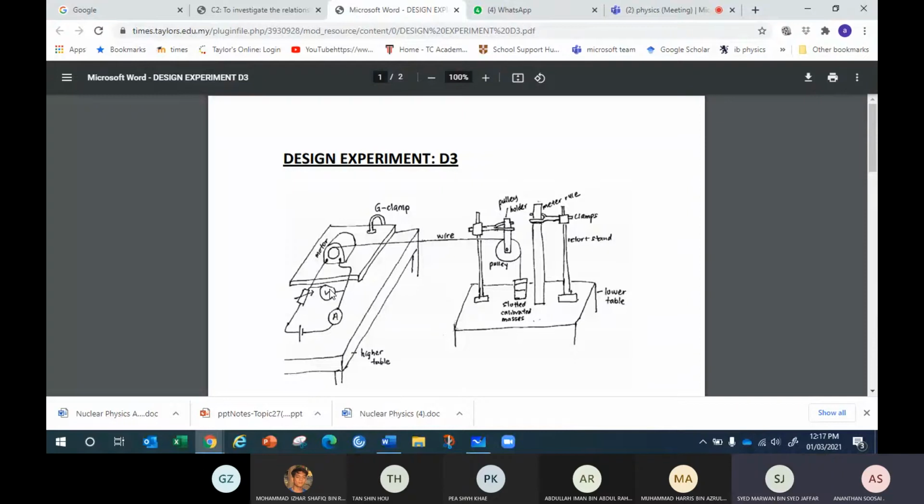Because if we change the rheostat but it's still hot, yeah. But make sure the I and V are always the same. Yeah, correct. But I never come across any mark scheme stating that. Normally the rheostat. As a supporting factor, you can write that. Okay.